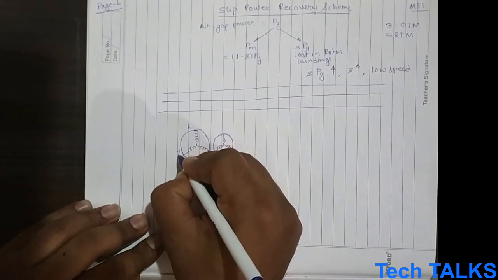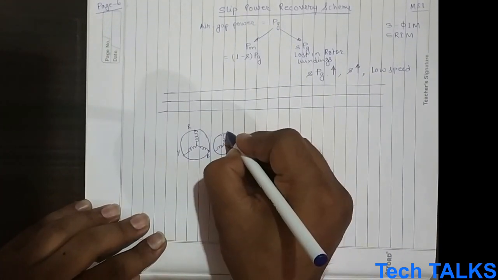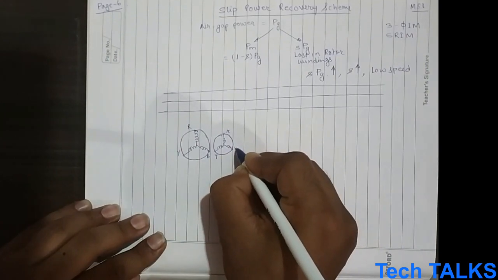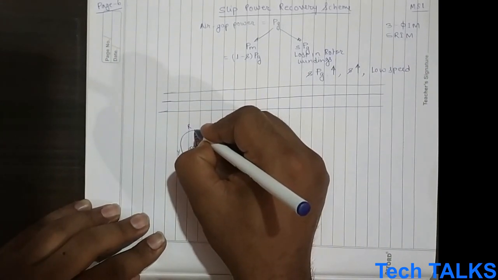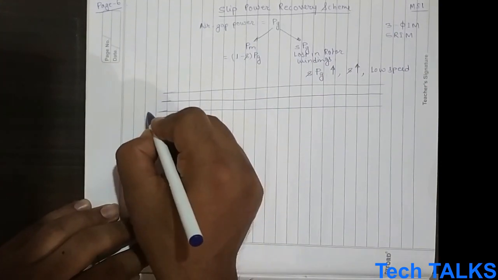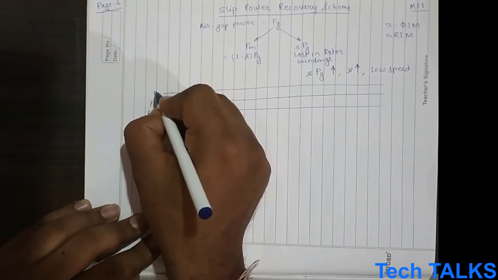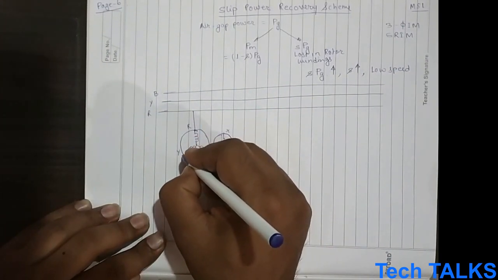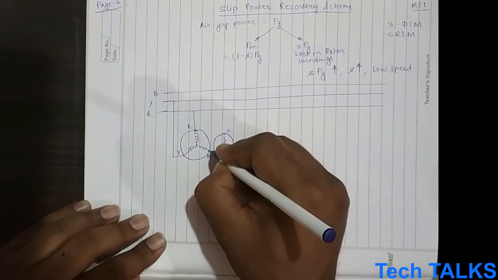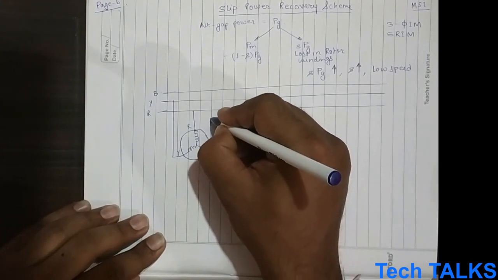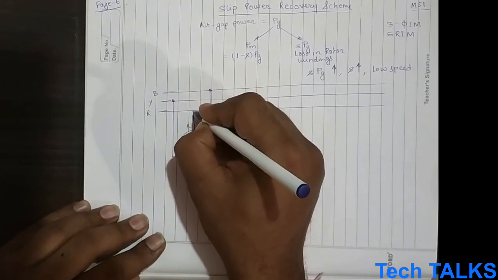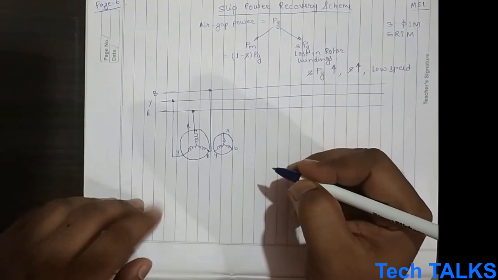This is R, Y, B, this is small r, this is small y, this is small b. So it is connected to here. RYB is connected to the grid.